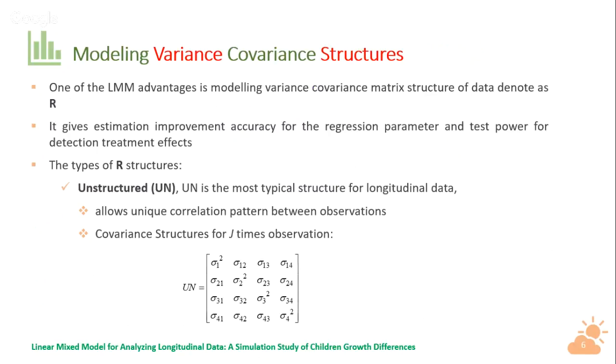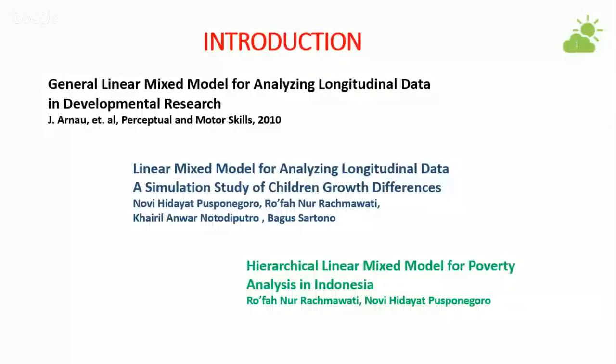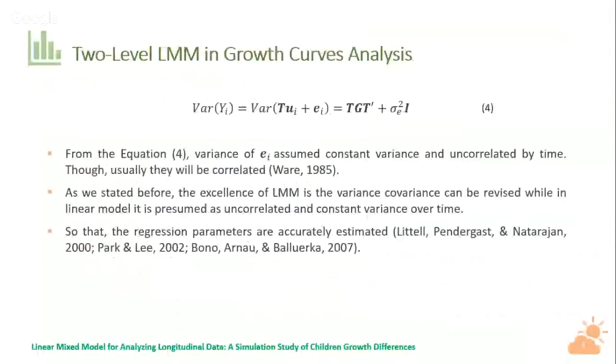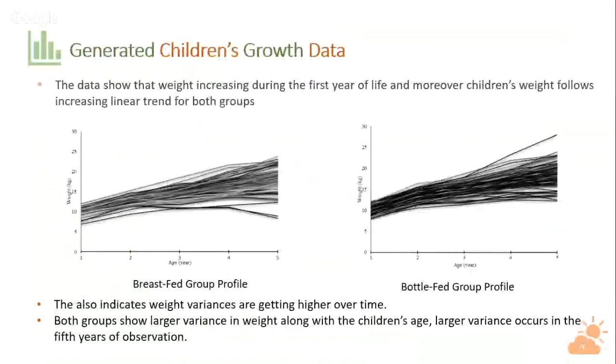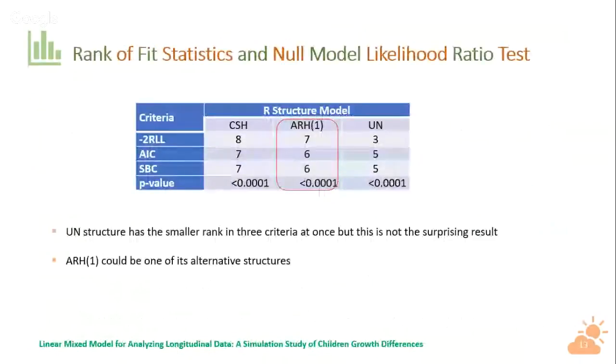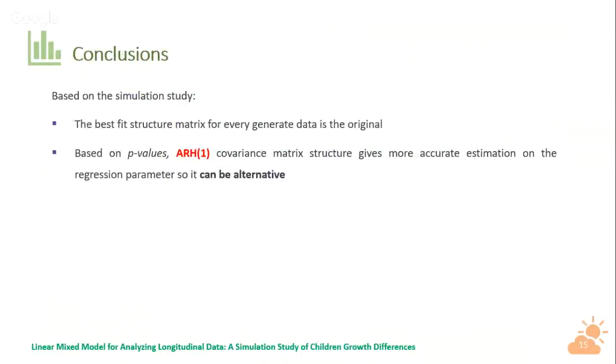Maybe I show in the board that if we generate the data with autoregressive first order as the variant covariant, and then we model the data with the variant covariant with first autoregressive or heterogeneous autoregressive, there is the fit indices value.